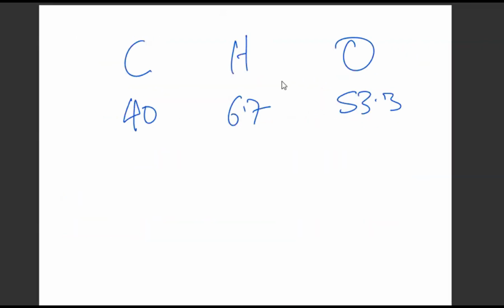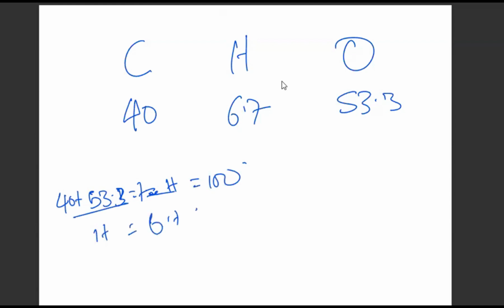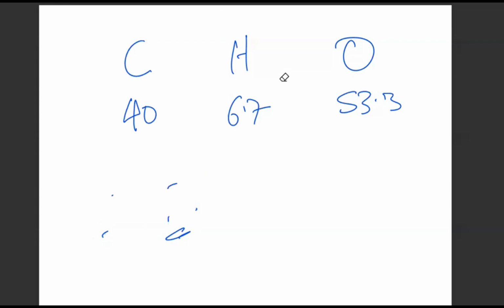Because it is a percentage, I said 40 plus 53.3, then subtracted from 100, and the hydrogen is equal to 7. It was not given in the paper, so you identifying it, they will give you a mark for that.